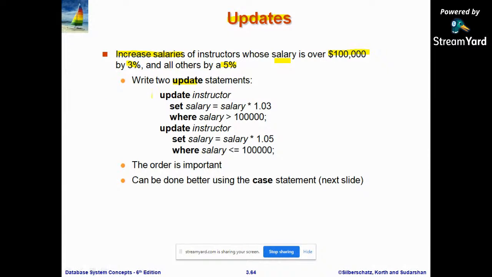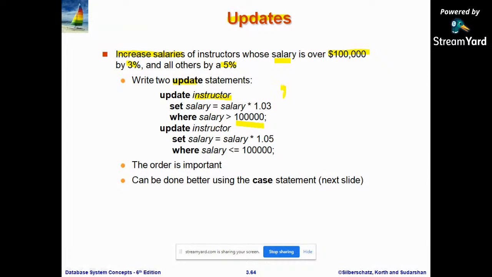You can do this by using update and the name of the table on which you would like to make the changes. Now you have to write the condition. In the first case, you have to change for salary greater than 1 lakh. So you have to filter the rows whose salary is greater than 1 lakh. The salary has to be updated. Salary will be modified with salary into 1.03.